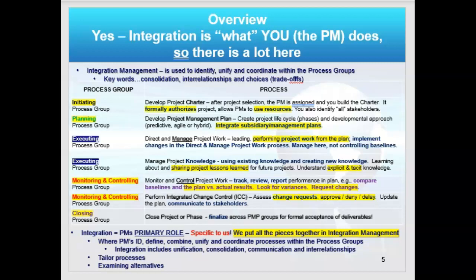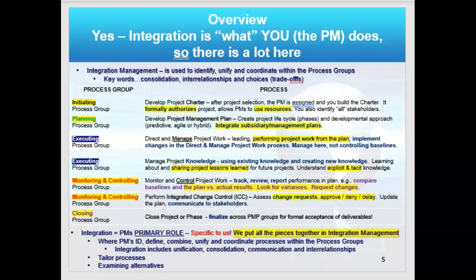In fact, we call it IPEC in short, right? So initiating is all about creating a charter that formally authorizes the project and allows the project managers to use resources. Those two points are absolutely essential. And then from there, you're going to go on to identify all the stakeholders.